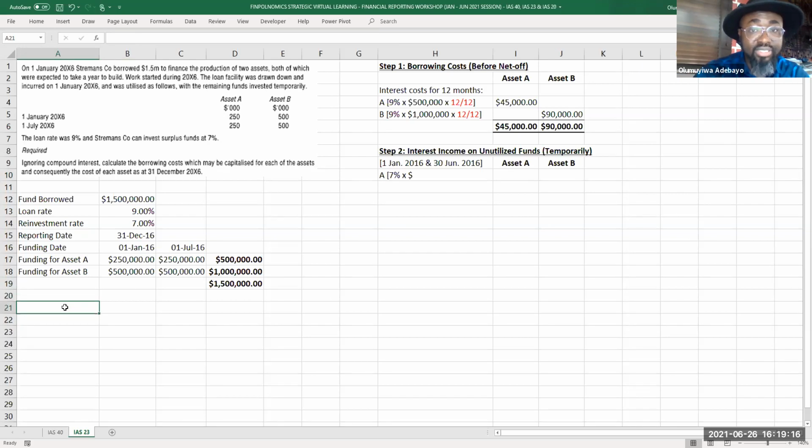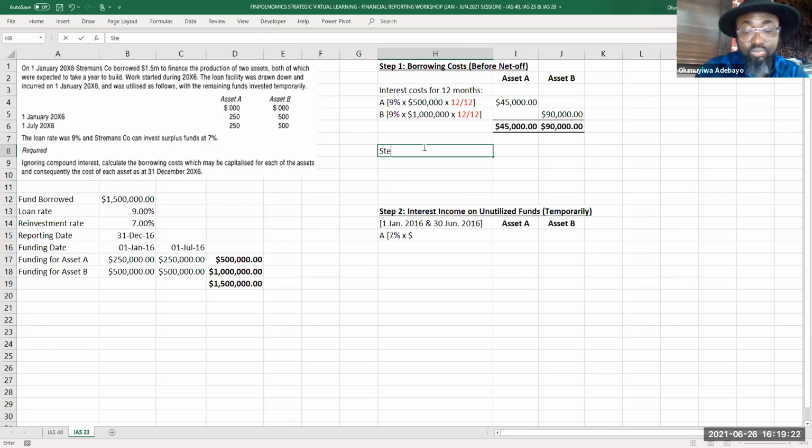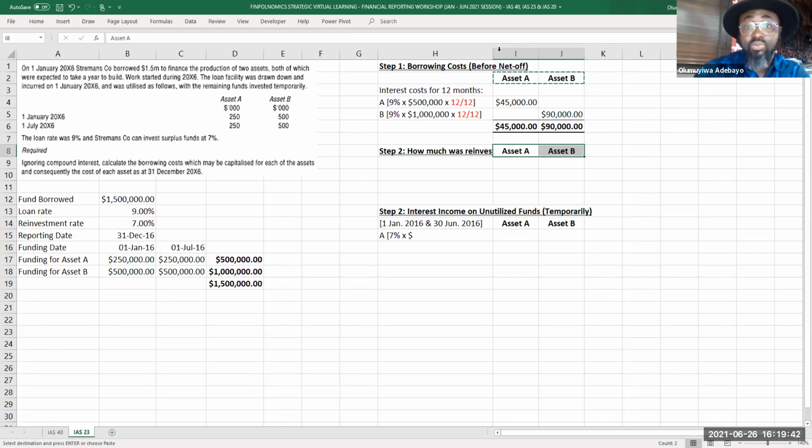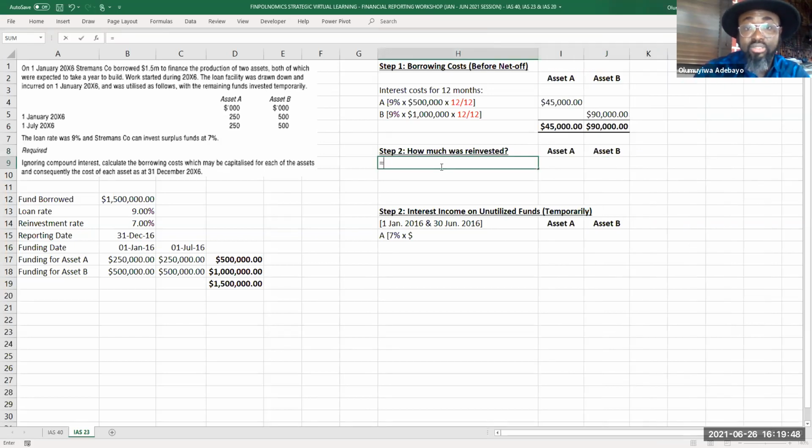Let's determine how much was reinvested. Step 2. How much was reinvested is the difference between, that is for A and B, the amount borrowed for each asset.